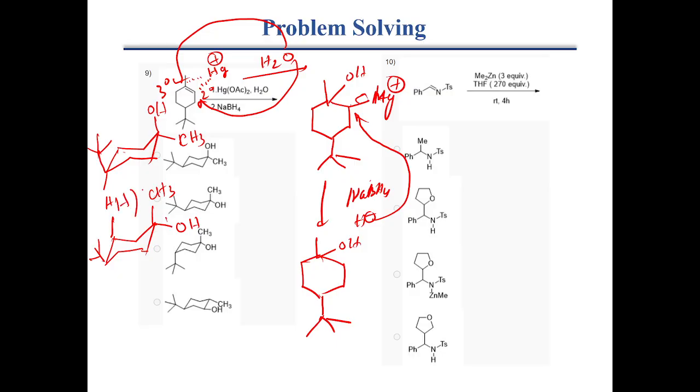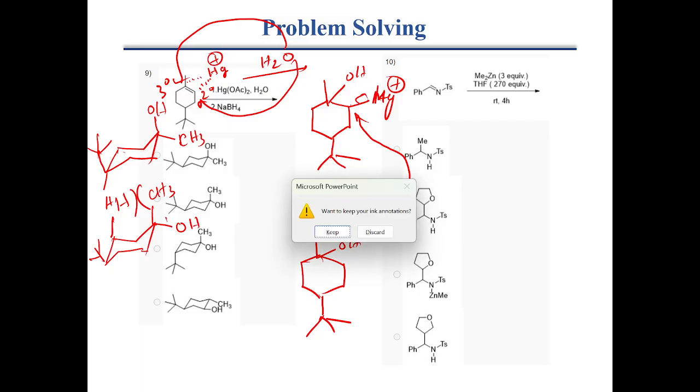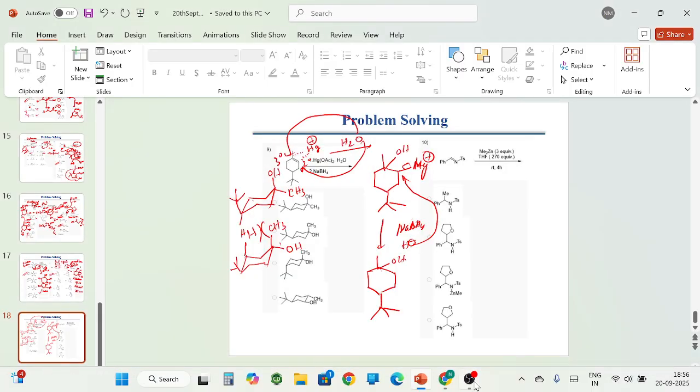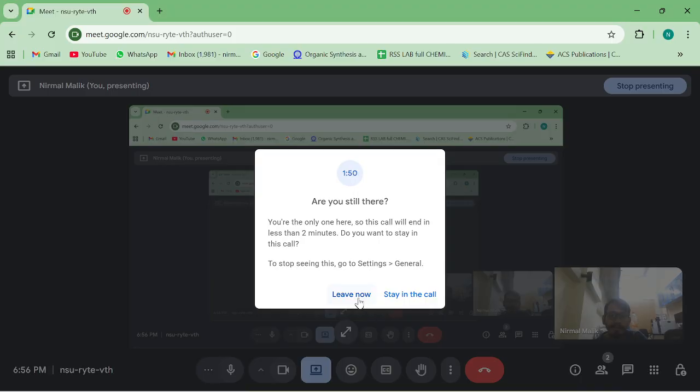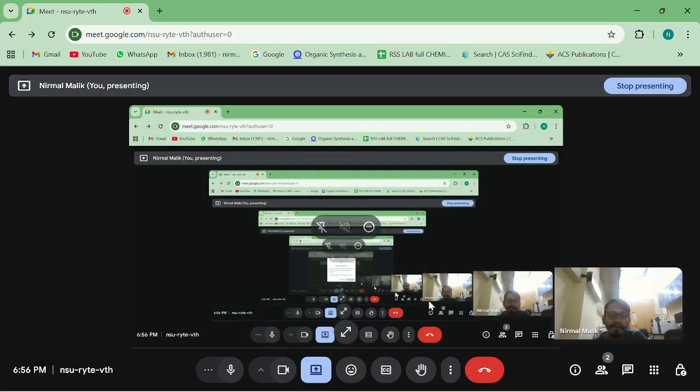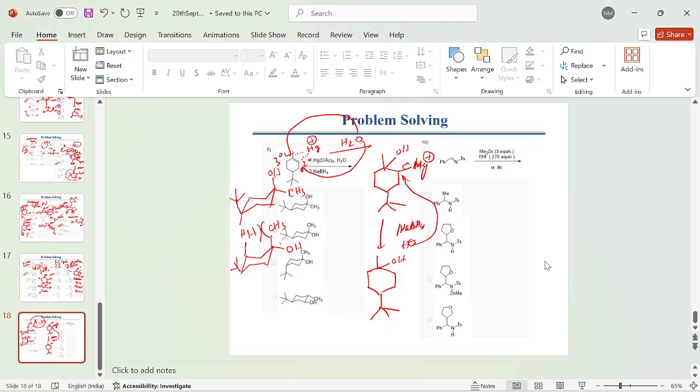So 1,3 methyl and hydrogen interaction happens. 1,3 methyl hydrogen axial interaction happens.